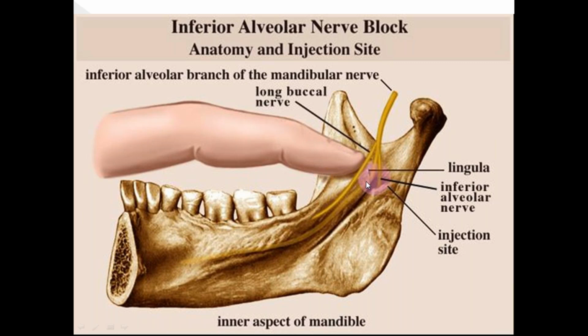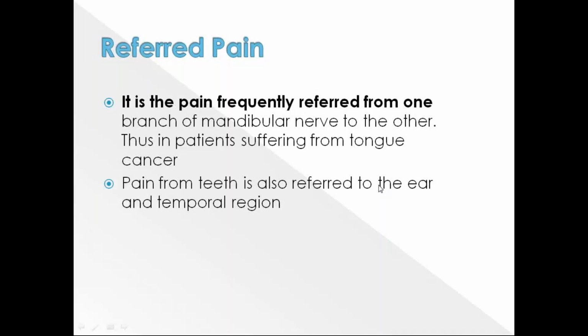So for this, lingula is the landmark for giving the inferior alveolar nerve block. Actually, in the oral cavity, there is an arch called the palatoglossal arch. So lateral to the palatoglossal arch, they will put the finger and they will give the injection. So that is a landmark for the inferior alveolar nerve.